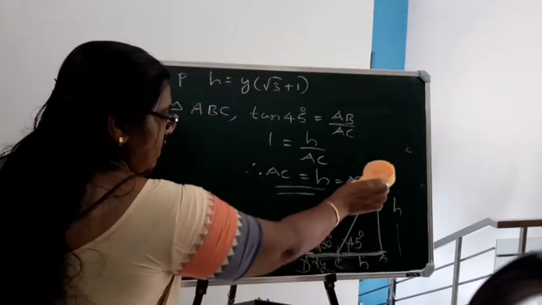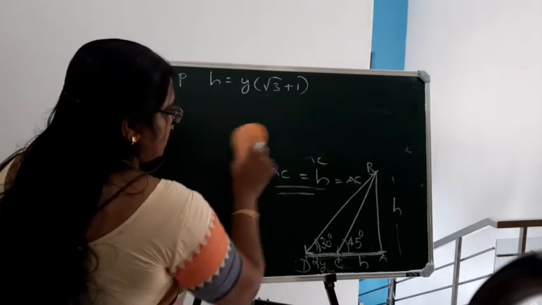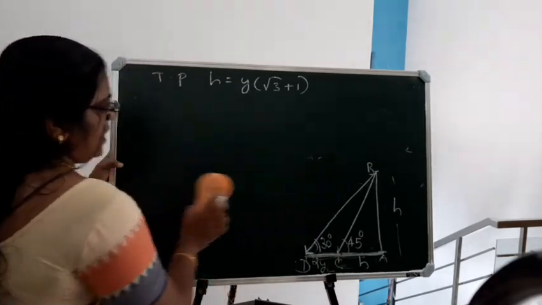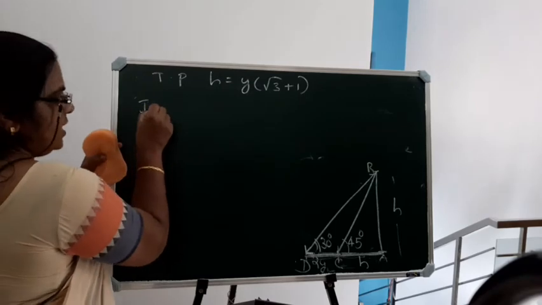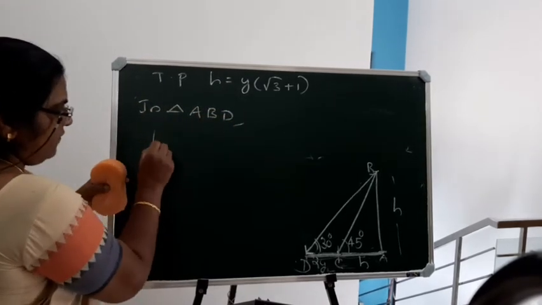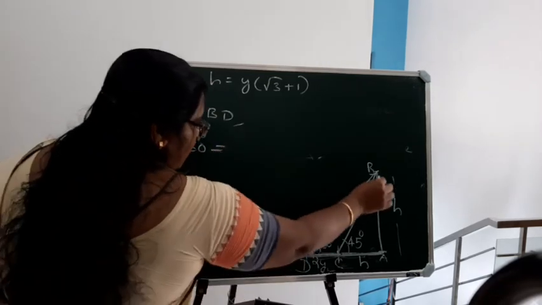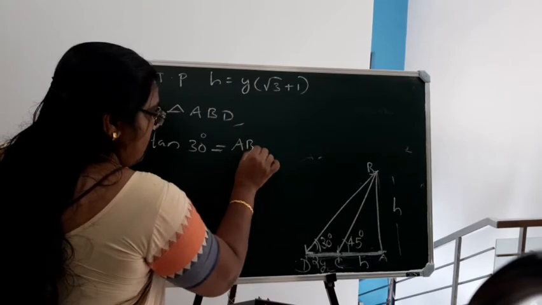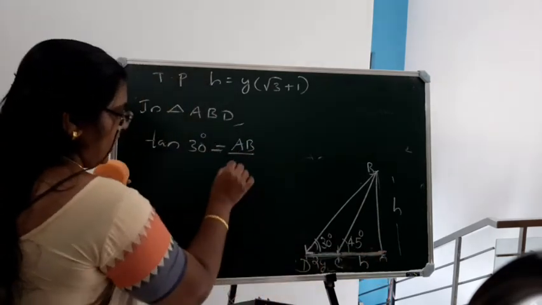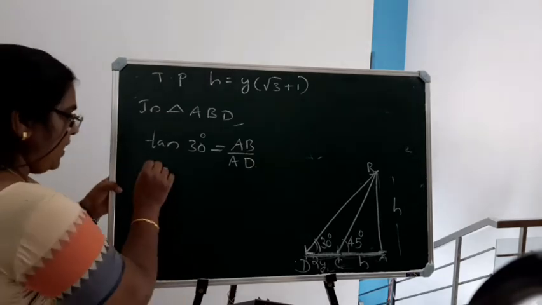Then consider triangle ABD. From that triangle we can write tan 30 degrees equals opposite side AB by adjacent side AD. The value of tan 30 is 1 by root 3.